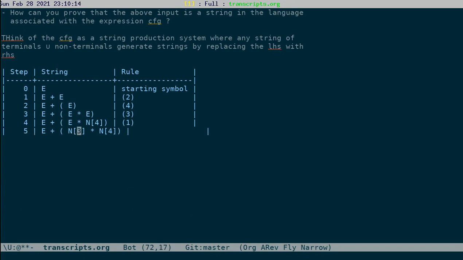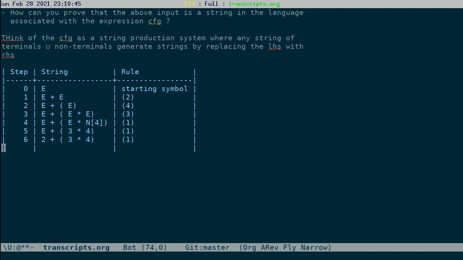So let me use my convention, I will just write it as 3, 4, and finally this is again rule number 1, and finally the step 6, I can think of it as N plus 3 times 4, this N is 2. Okay, again using rule 1.